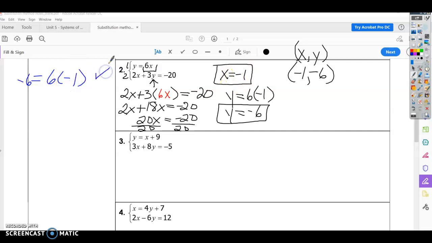So that one works. And then equation 2 says 2 times x plus 3 times y equals negative 20. And then 2 times x, I know my x is negative 1 and my y is negative 6. So I'm going to have 2 times negative 1 is negative 2 plus negative 18.